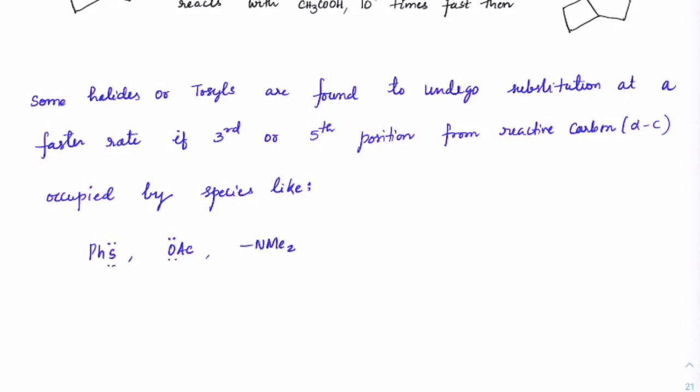NMe2 is connected, C double bond O OH, an acid is connected, or RCOO minus, that is a carboxylate, is connected, bromine is connected, O minus is connected. Okay, just as an important point here, not OH. OH directly does not show NGP, and a pi bond is connected.